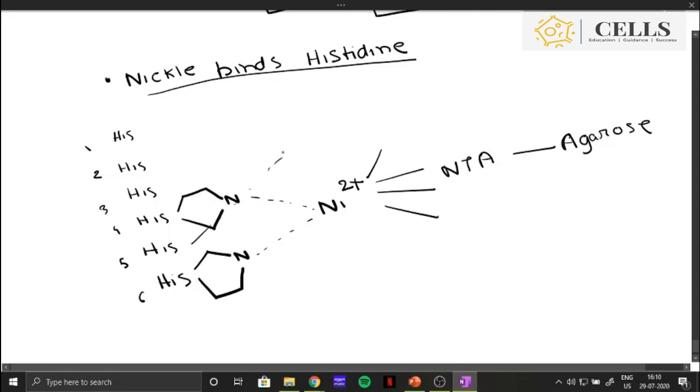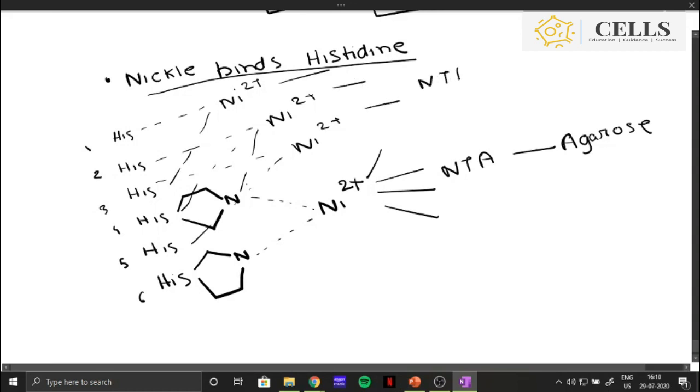These alternative histidines are also bound to Ni2+, which in turn is bound to NTA and to agarose. This is the importance of having a 6 histidine tag in front of your protein.